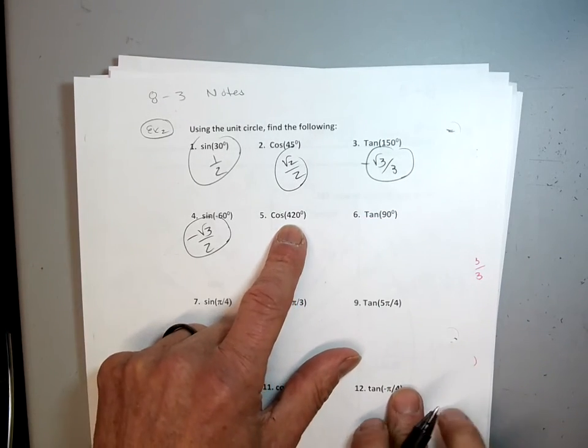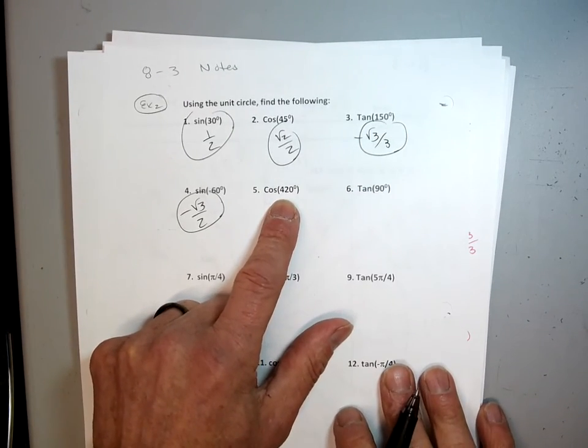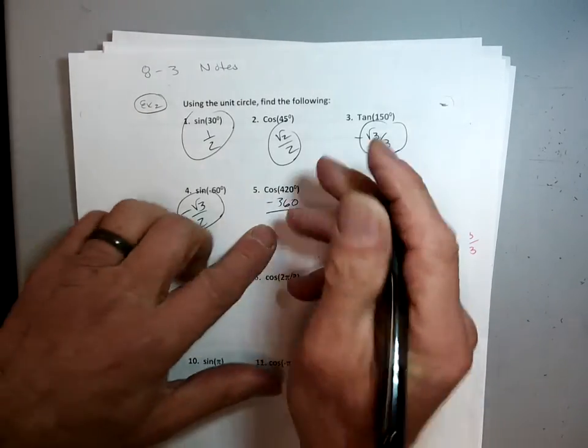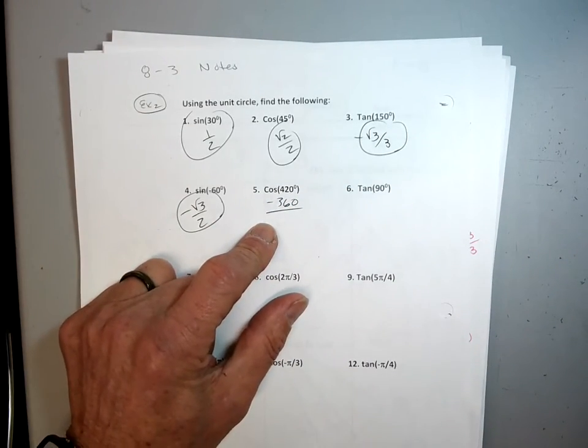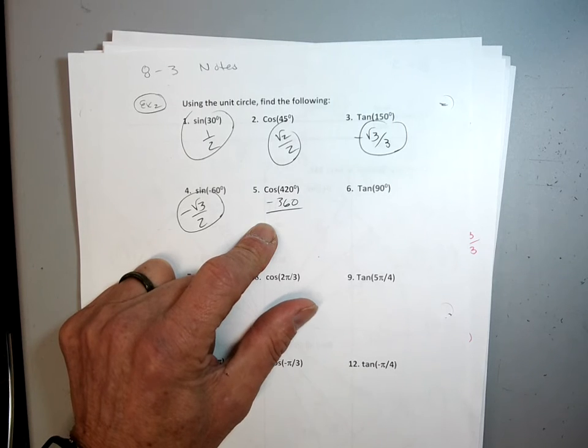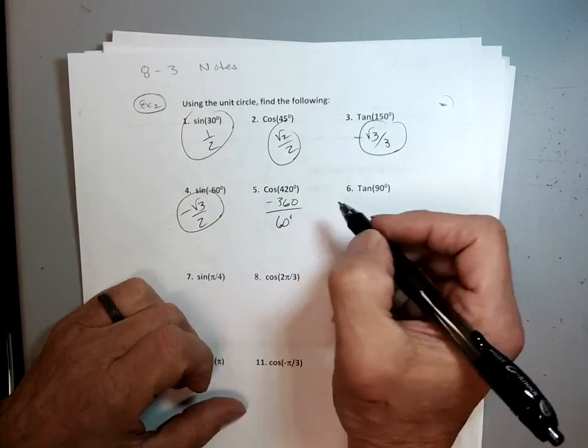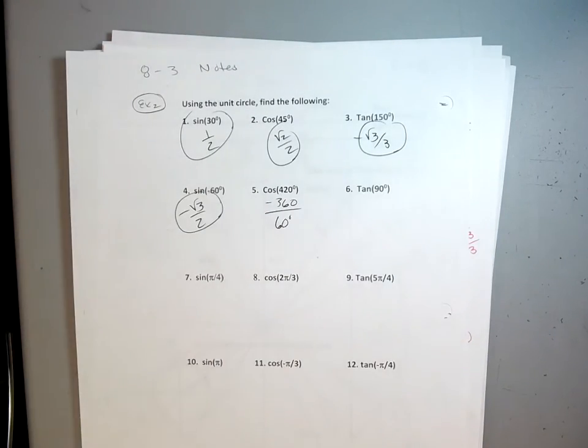Cosine of 420. 420? Oh man, what's 420 minus 360? 60 degrees. So, okay, you ready?